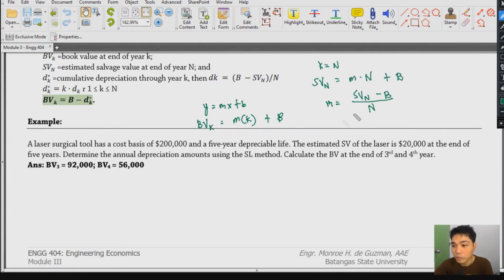So this is the slope of the line. And if we substitute this back into the original equation, then BV sub k is equal to the salvage value minus the cost basis, divided by the number of years, times k, plus the cost basis. So you can use this formula to determine our book value at any year.